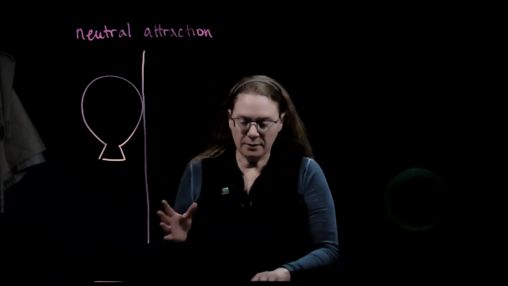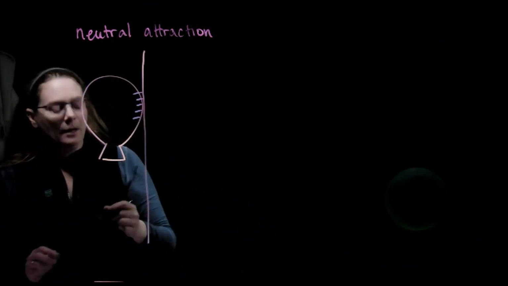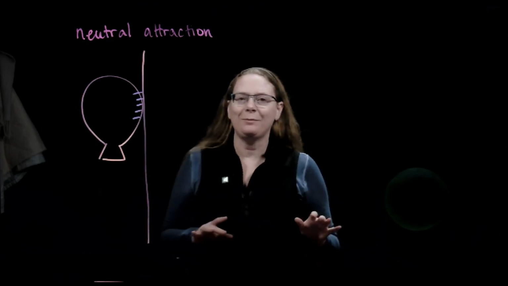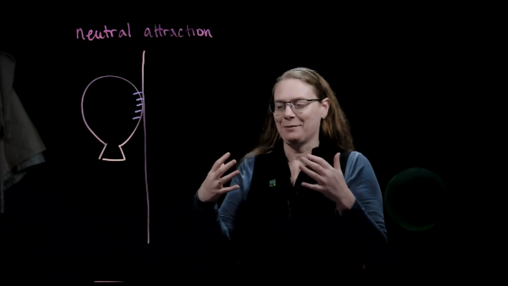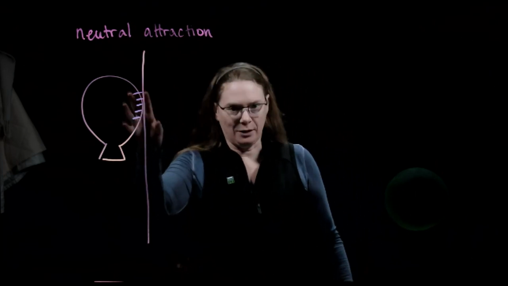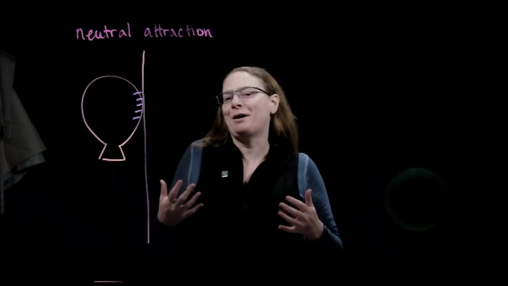The balloon now has extra electrons on it. So I'm going to say that I put a couple extra electrons onto the balloon. Now I'm going to shift to the model instead of what's physically happening, and talk about it in terms of extra negative charge, with positive charges and negative charges. This is my model.